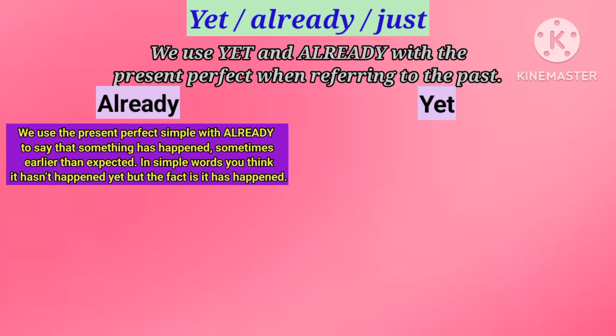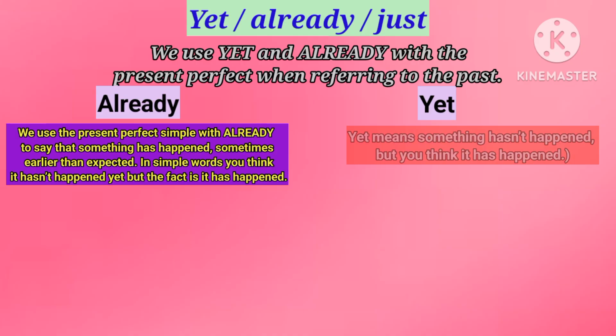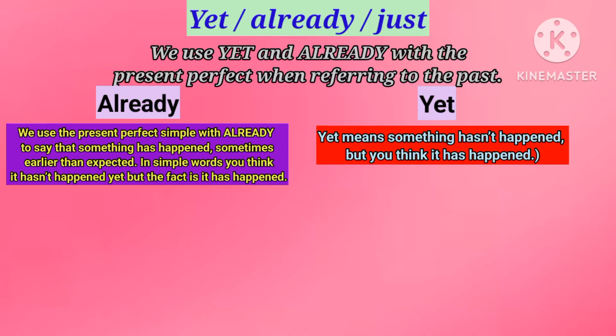The word expected is important here. In simple words, you think it hasn't happened yet, but the fact is it has happened. Yet, on the other hand, means something hasn't happened, but you think it has happened.